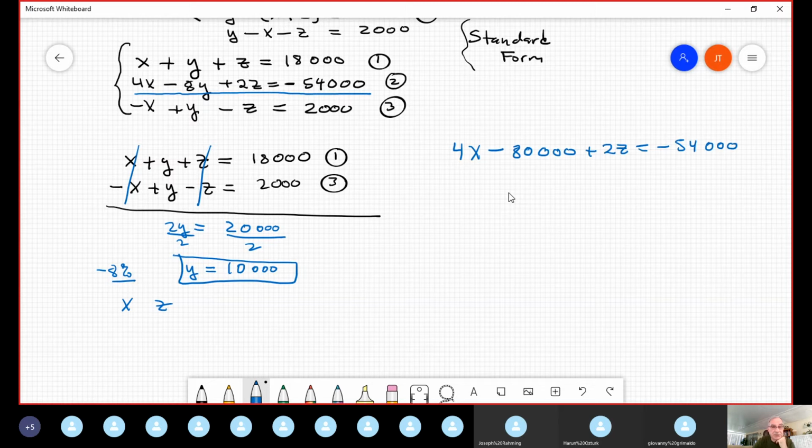So I manipulate a little bit: 4x plus 2z. I move the 80,000 to the right-hand side, and you are subtracting, when actually 80,000 is positive, minus 54,000 is negative, is 26,000. I call it equation number 4.